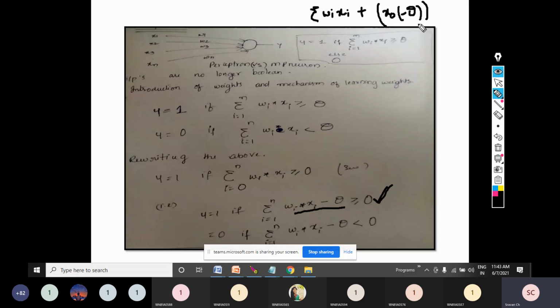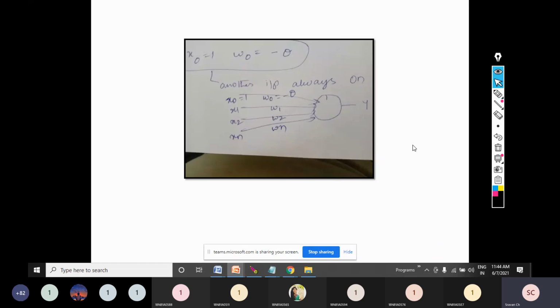What I am doing to this perceptron is adding one more input. That input is x naught and its weight is minus theta. That's the reason we have added x naught equal to 1. x naught equal to 1 means the input is present. It is always present. w naught is its weight and its weight is minus theta.